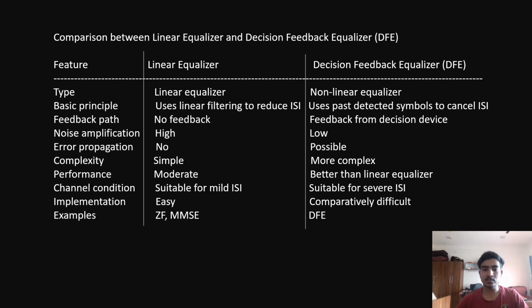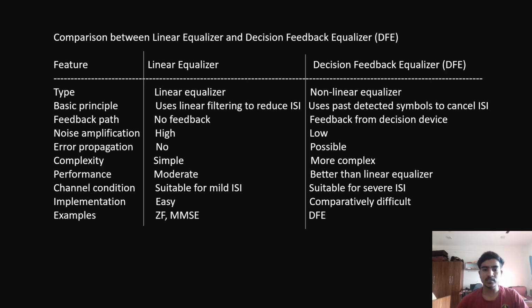The basic principle is using linear filtering to reduce ISI. Here we use past detected symbols to cancel ISI. Here, no feedback path. Here, feedback from the decision device. The noise amplification in the linear equalizer is high, here it is low. And error propagation is not possible here, possible here.